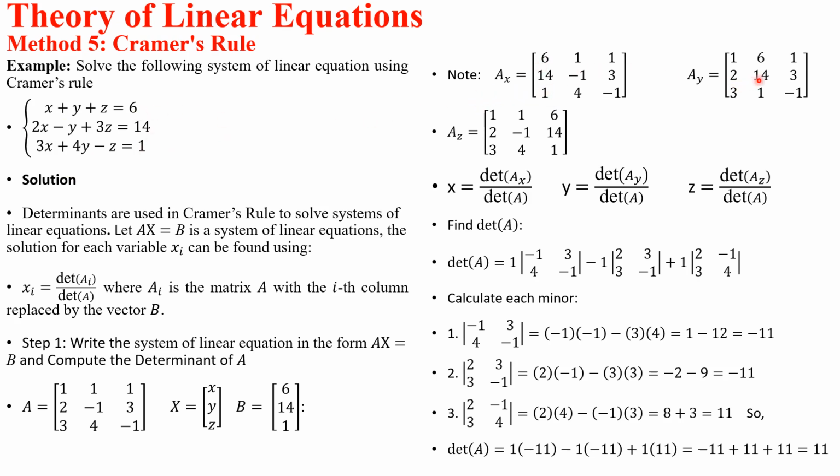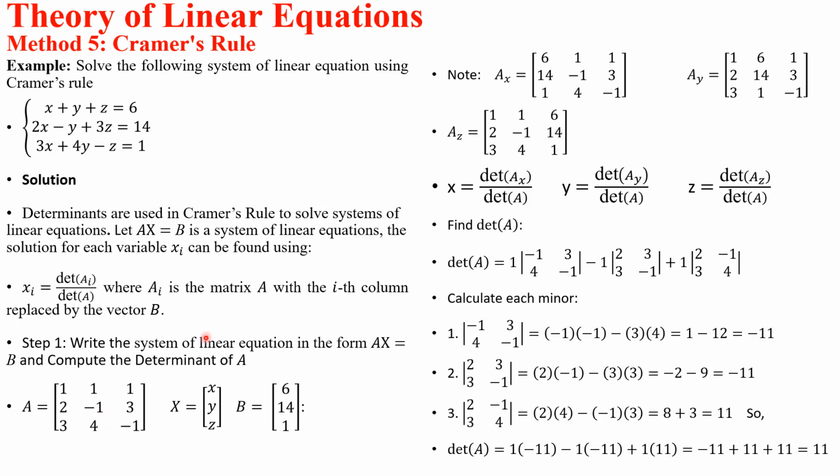So you see, in AX only the elements represented by the coefficients of X were replaced by the constant values, and for AY, only the elements that represent the coefficients of Y have been replaced by the constants. And for AZ, look at this.